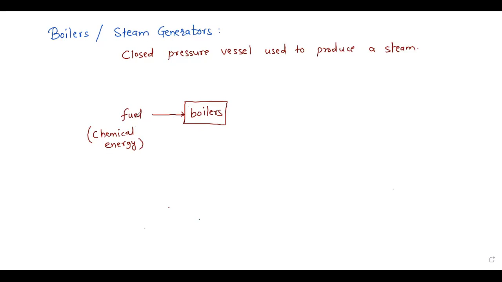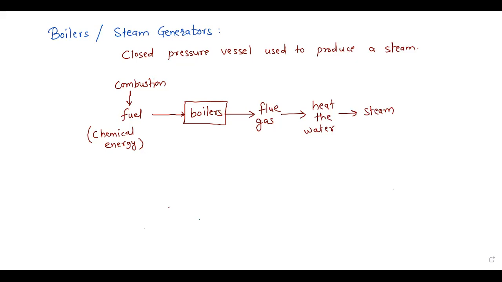By burning the fuel, that means combustion of fuel inside the boiler, you produce flue gases. These flue gases will be used to heat the water, and if you heat the water, you get steam. This is a simple structure of what is happening inside the boiler.